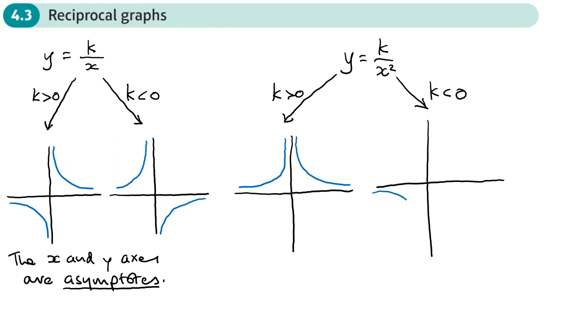So we end up with a graph that looks like this. The x and y axis are still asymptotes, and you could consider this graph as a reflection of this graph in the x-axis. Reflect this in the x-axis and you get this graph down here.